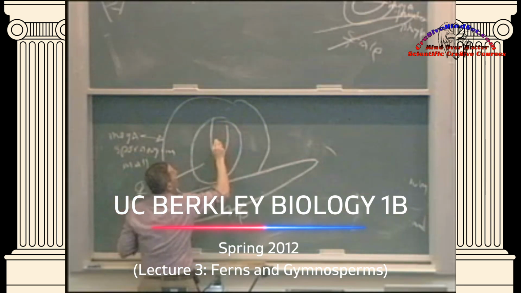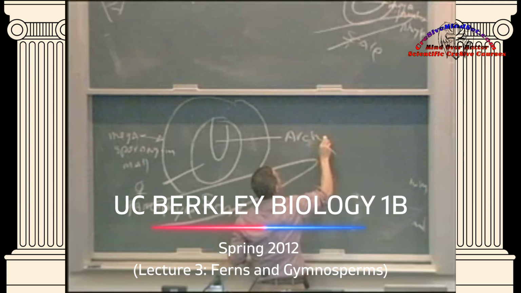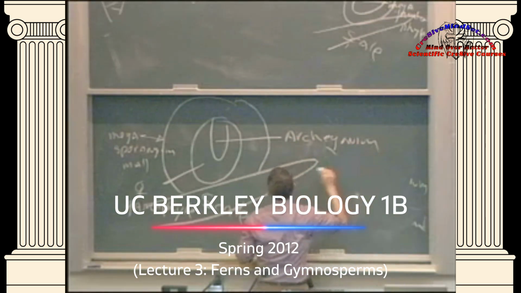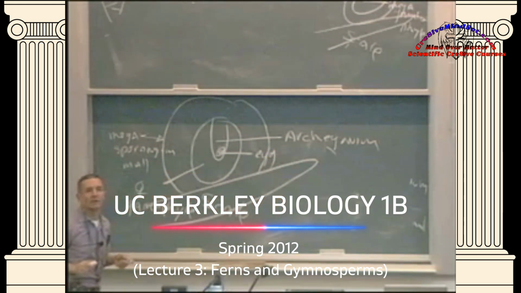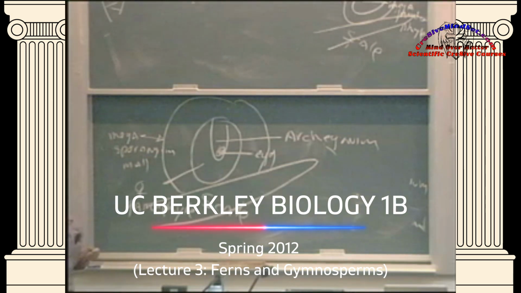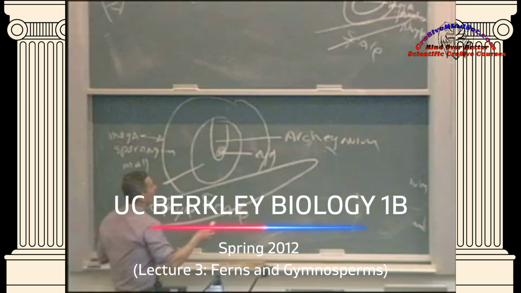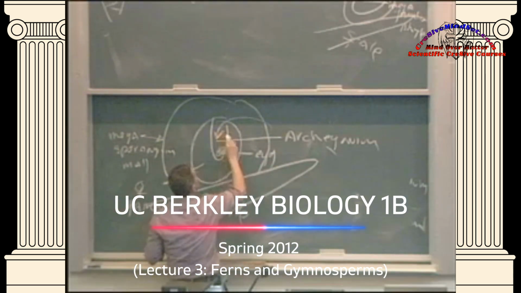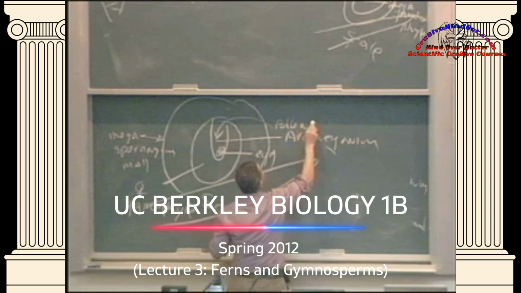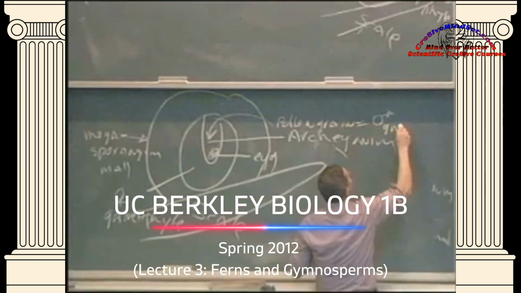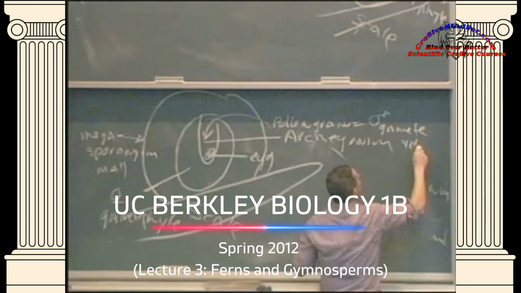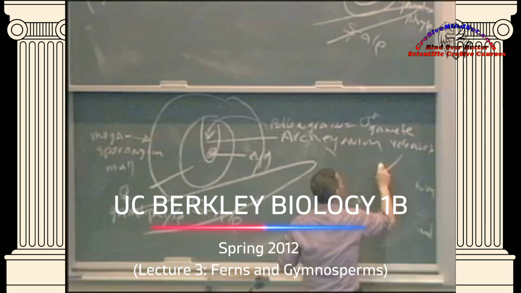It has in it an archegonium and an egg. Same thing that you saw before. Archegonium and an egg, nothing different. And now we get fertilization. Now the pollen grain comes over. The male gamete is released, and we get fertilization.